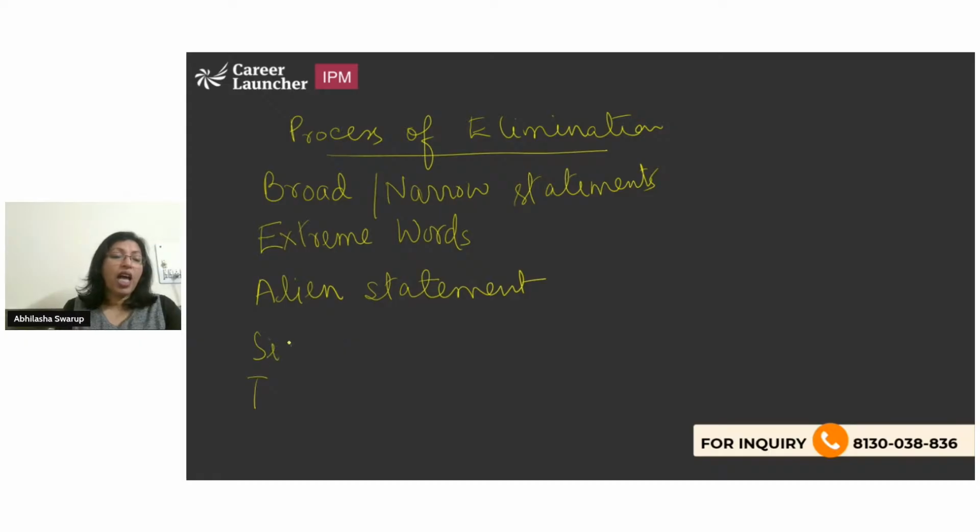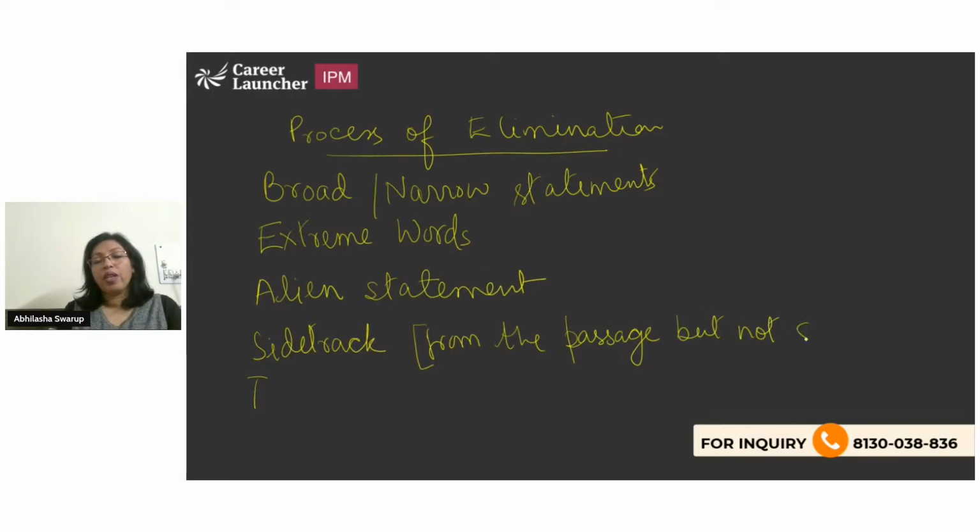Then anything that's a sidetrack. Sidetrack means it may be mentioned in the passage, it may be from the passage, but not related. So not the summary. It is something that is from the passage, given to confuse you. It is a distractor.